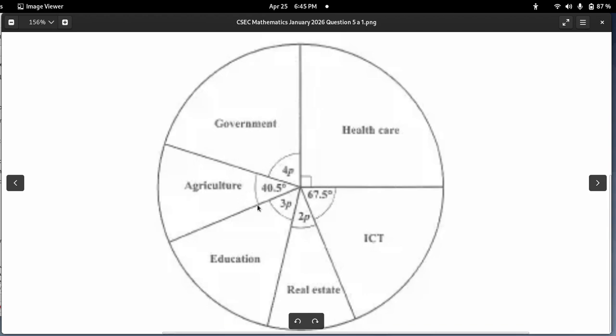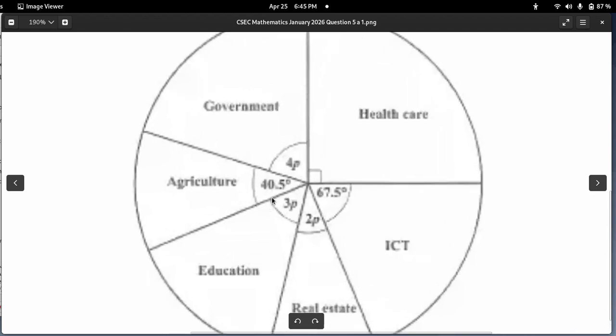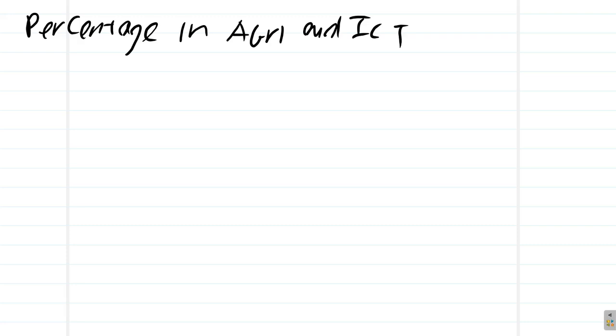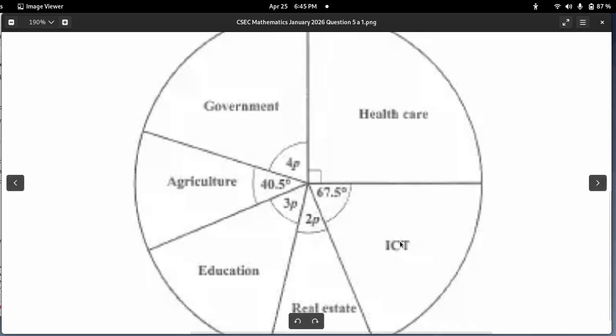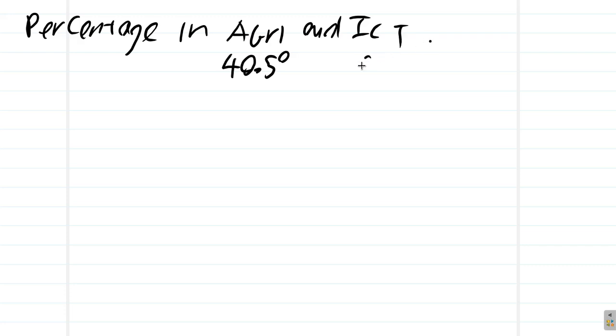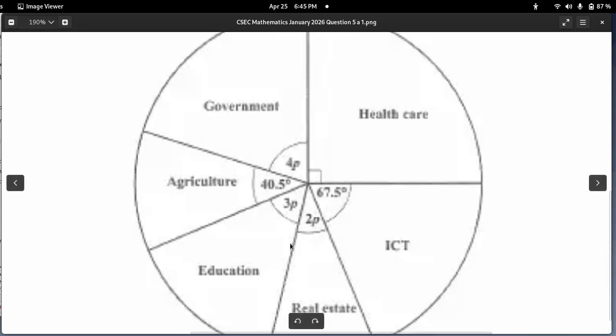Now look at agriculture, the angle is 40.5 degrees, and the ICT sector is 67.5 degrees.